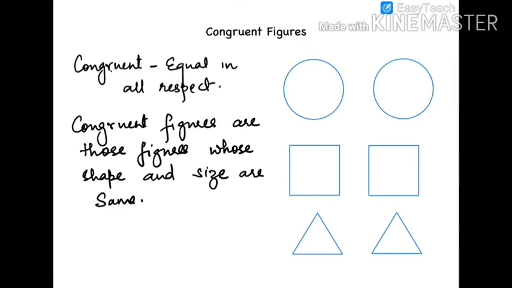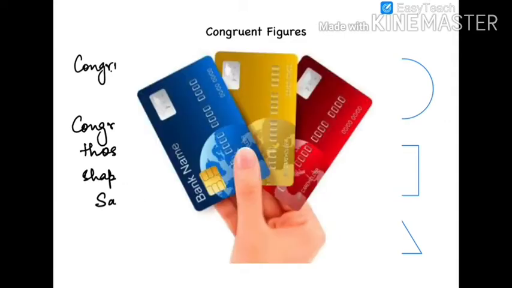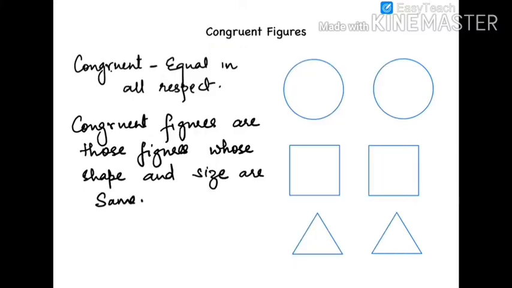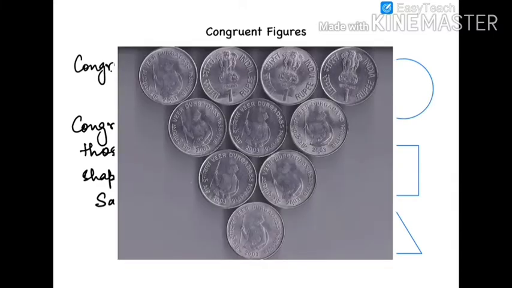We can find numerous examples from daily life where congruency of objects is applied. For example, two ATM cards which are issued by the same bank will have same shape and size. Otherwise, they will not fit into the slot provided by the bank in the ATM machine. Similarly, all 1 rupee coins that are produced in the same year by the mint will be identical and therefore congruent.